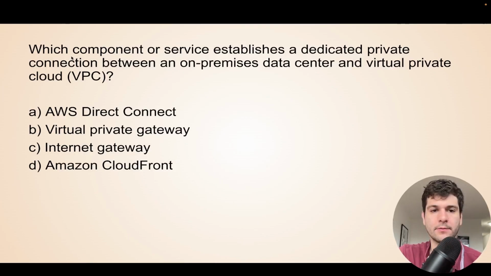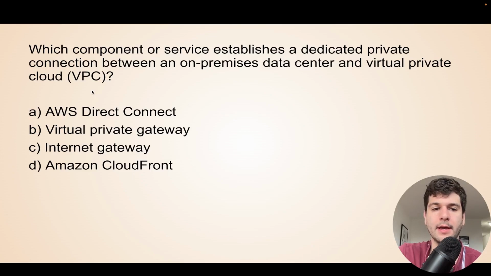All right, next question. Which component or service establishes a dedicated private connection between an on-premise data center and a virtual private cloud? So the key part here is dedicated private connection between on-premise data center and VPC.